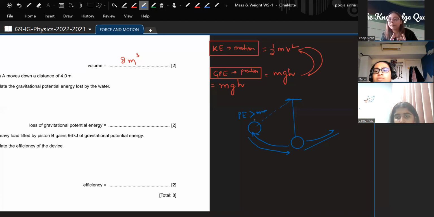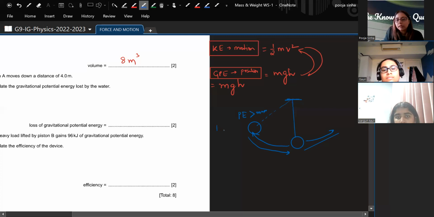Right, because it's not moving. It's not moving for a fraction of a second, because it has gained the maximum height. At that point, it is not going to move. So the kinetic energy is what? Zero. So it is minimum, or at the highest point, it's zero.